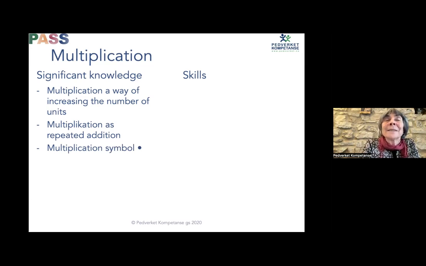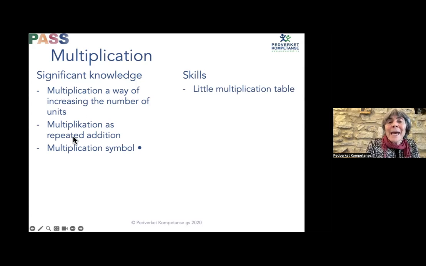And also significant knowledge is about the multiplication symbol, like all other symbols, as I mentioned before, like the digits symbolizing numbers, and all the other symbols of operations in mathematics, and also about relations. And combined with this, we have the skills. And the little multiplication table is mentioned in the Czech curriculum.